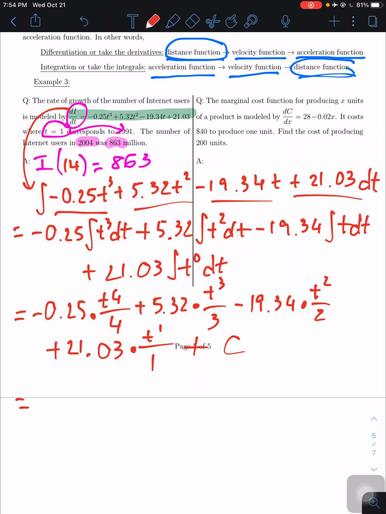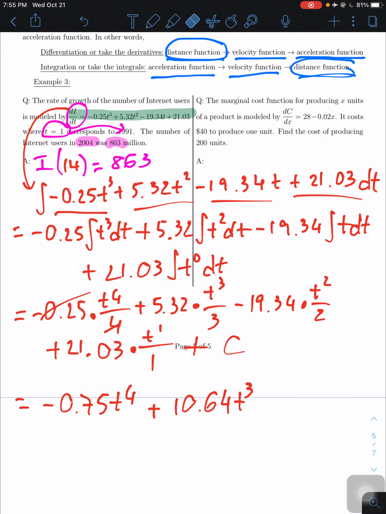Okay, that's a lot of work. All right, let's put it into the calculator to simplify the negative 0.25 and the 4. With all of that, you're going to get negative 0.75 t to the 4th power plus 10.64 t cubed, and then give me one second, let me get on my calculator too.